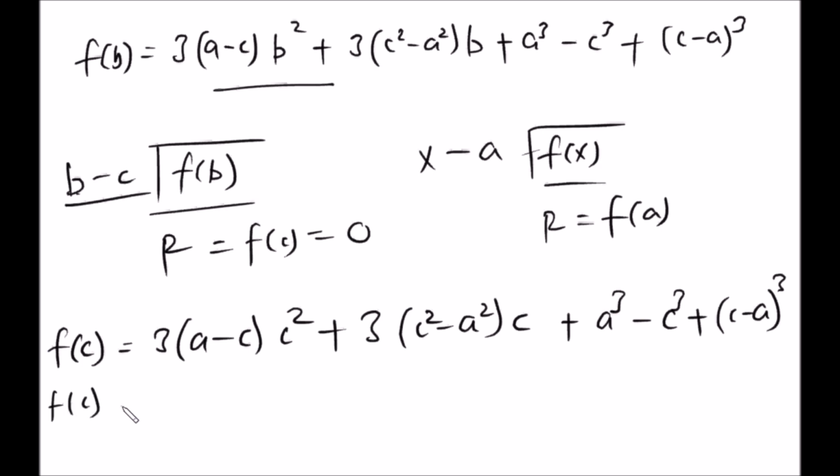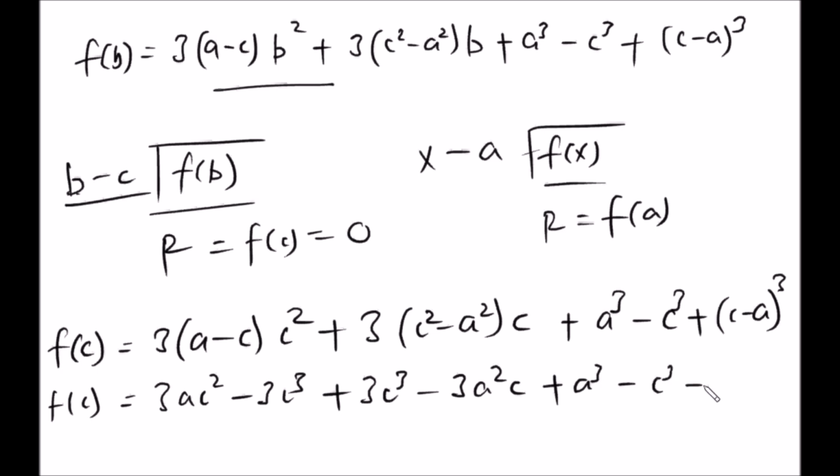Fc itakuwa ni 3ac squared minus 3c cube plus 3c cube minus 3a squared c, so we have plus a cube minus c cube plus c minus a cube. So negative 3c squared na positive 3c cube wanakufa. I mean eti negative 3c cube na positive 3c cube.